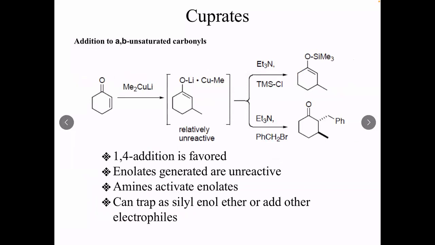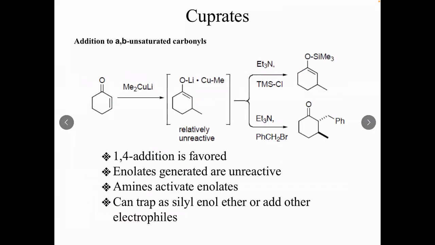All right, so we've already kind of talked about this, where you can take the cuprate, which is also a soft nucleophile, and here you have dimethyl copper lithium. You could treat that alpha beta unsaturated ketone with that, and you're going to favor that 1,4 addition, where one of those methyl groups gets transferred to the beta carbon, which is here.